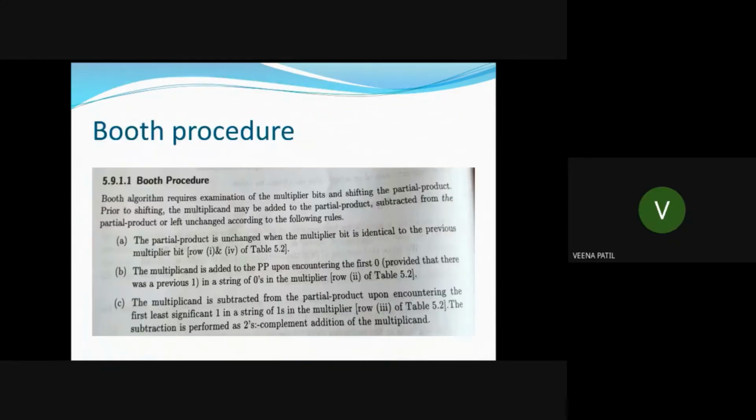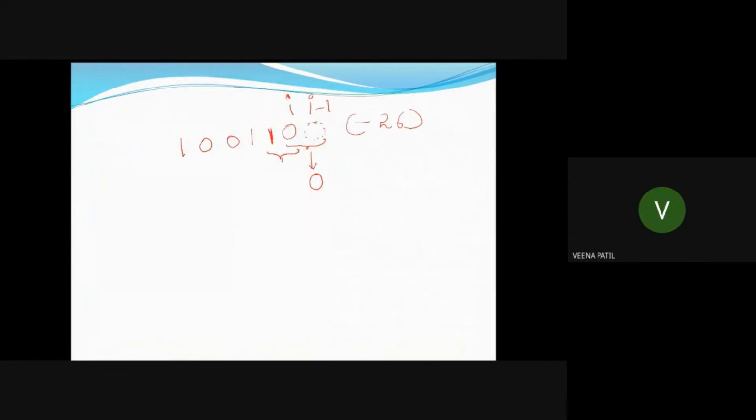So accordingly I am writing here according to the table. So minus 1. Now next again I am going to shift by one bit position. So the new pair of bits is 1 1. So when both the bits are the same, simply put 0.